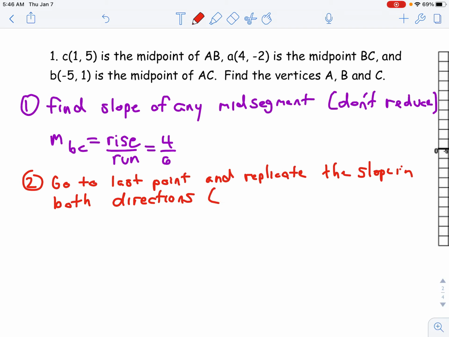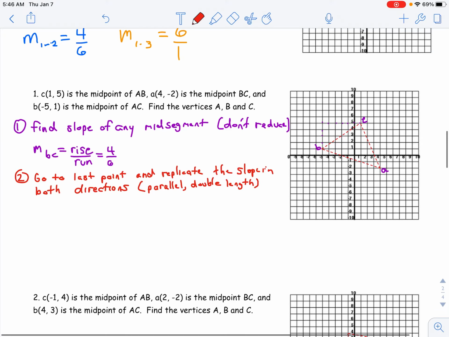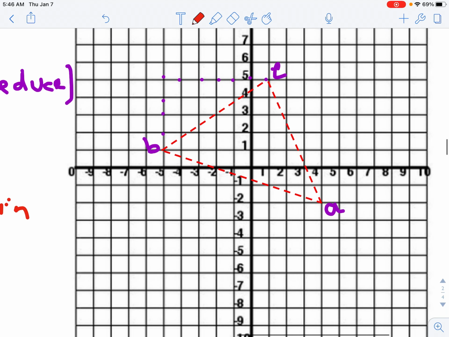All right, and why do we do this? It makes equal slopes, which makes it parallel, and going in both directions doubles the length. So that's why we do it. We want to keep the same slope to make it parallel, and by going in both directions, I'm going to double the length, and that's why I don't reduce.